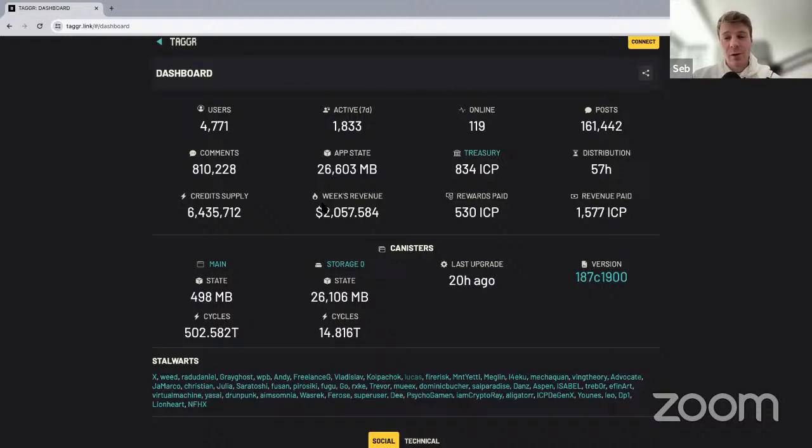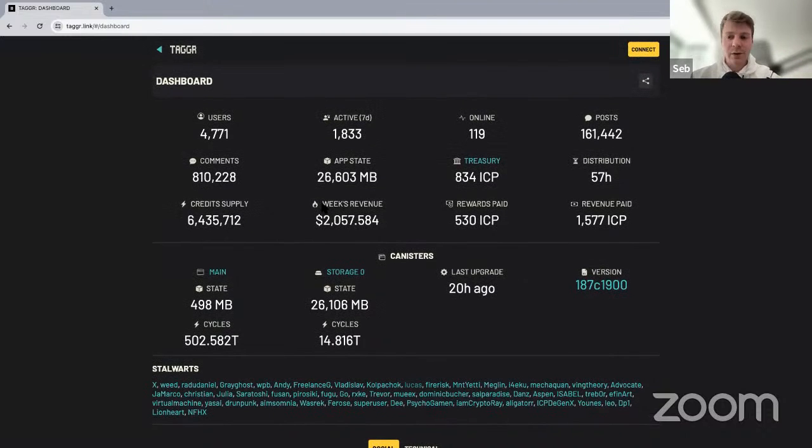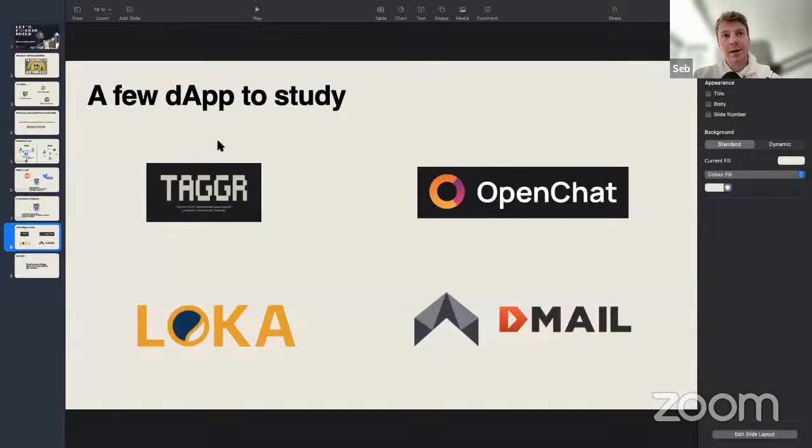I think this is really cool because most applications would first build an application and then think, okay, I'm going to reward people with a token and add the token layer. But it's much more interesting if it's built into the application from the ground up. And yeah, that's why I think Tiger is interesting.